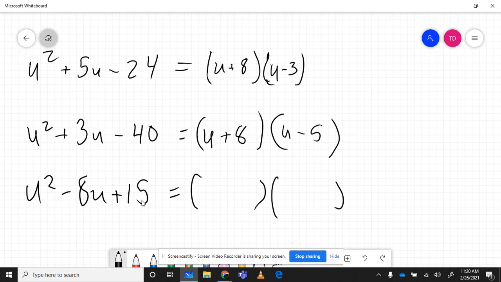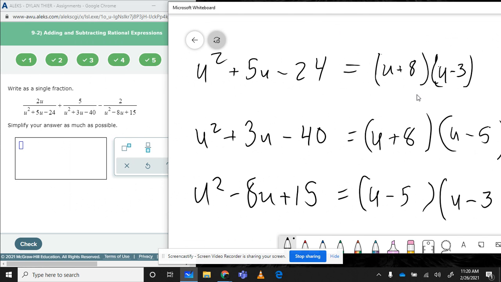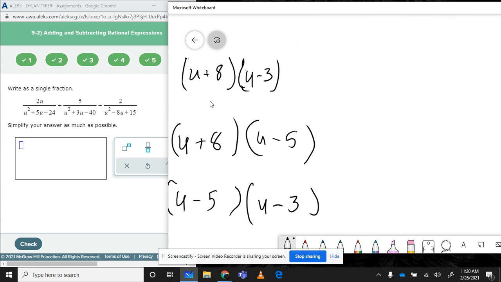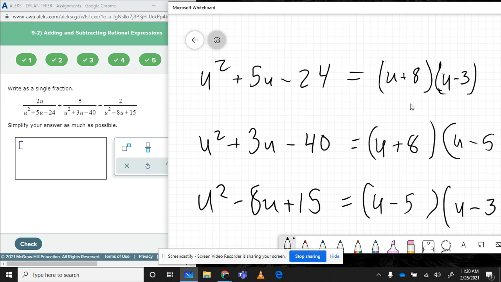So two numbers that make 15 would be 5 and 3. If they're both negative, they'll multiply to make a positive number, and we'll get negative 8. So u minus 5, u minus 3. Okay, so now we can take those factored forms of those three fractions. I think I have them in the right order. Negative 24, negative 40, 15.